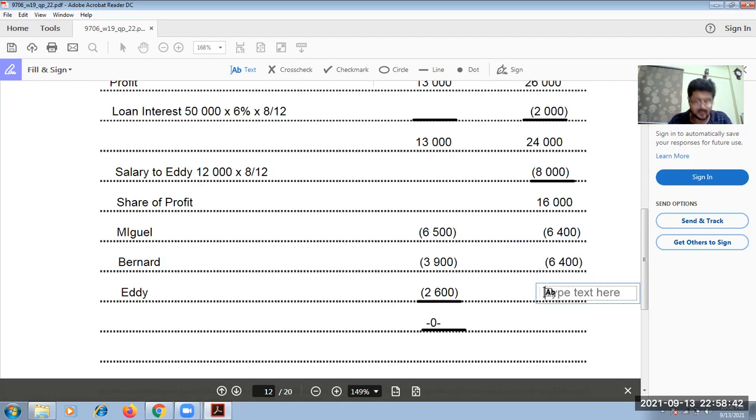And 3,200 for Eddie. And this is how 16,000 is divided, and we are left with nothing but a big zero. They have divided all the profits. Okay. This is done.